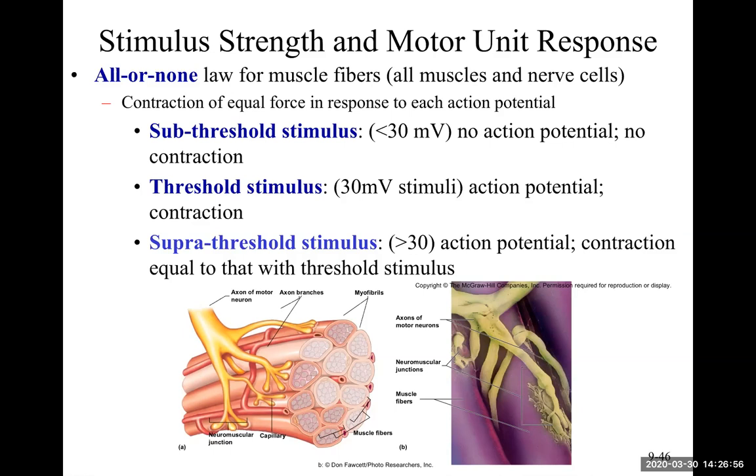If you have a stimulus that's 30 millivolts, remember, we start off at minus 85. So a 30 millivolt stimulus only gets us to minus 55. At minus 55, you have a twitch then, just one twitch and one action potential. That's it. Now, how can I have one action potential that's different from another one?